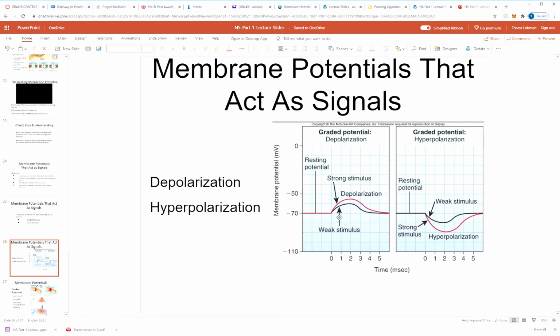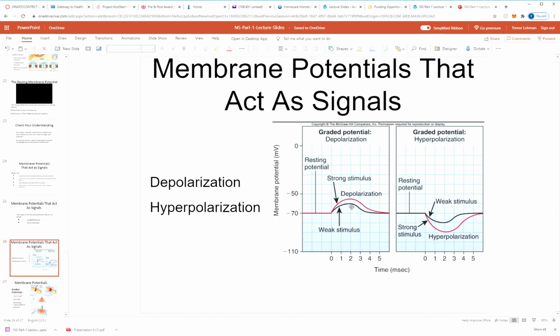There's some sort of stimulus that causes it to move from negative 70 up to negative 55 maybe, if we're looking at the red line, or negative 60 if we're looking at the black line. Because we're moving from negative 70 towards 0, we're becoming less polar, right? Because 0 would be nonpolar. We're moving from negative 70 to, say, negative 60, we're becoming less polar.